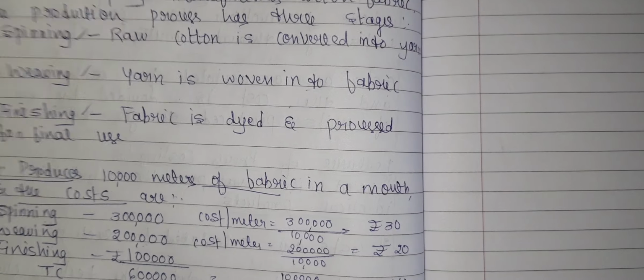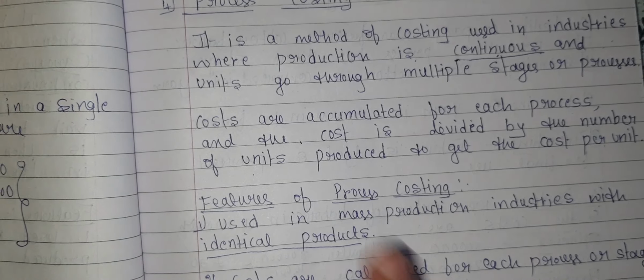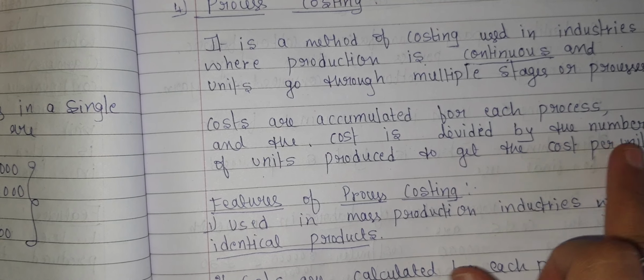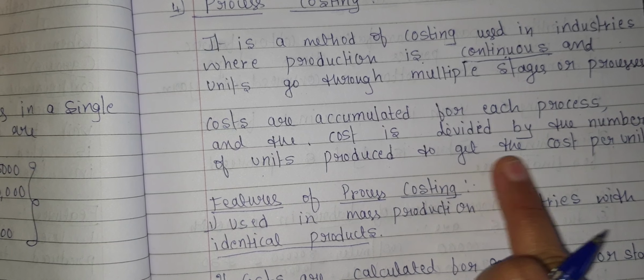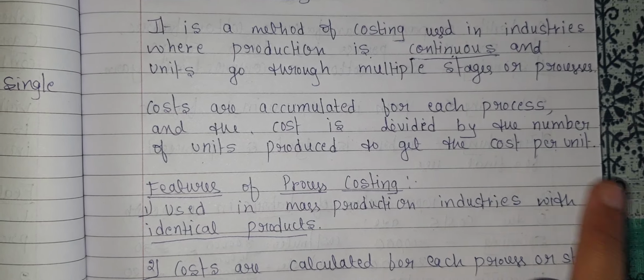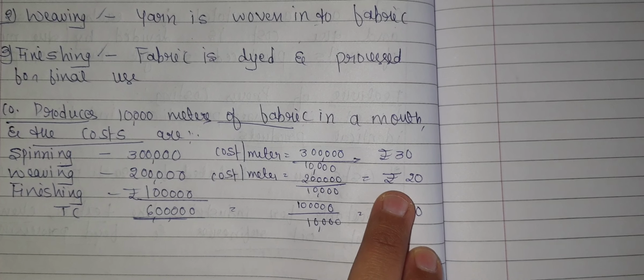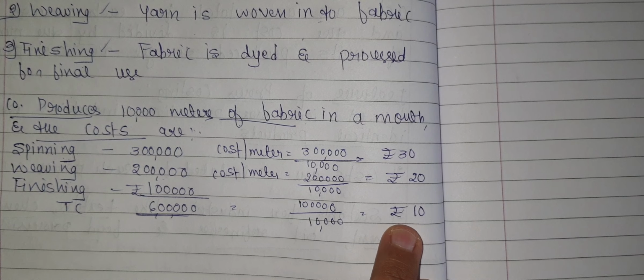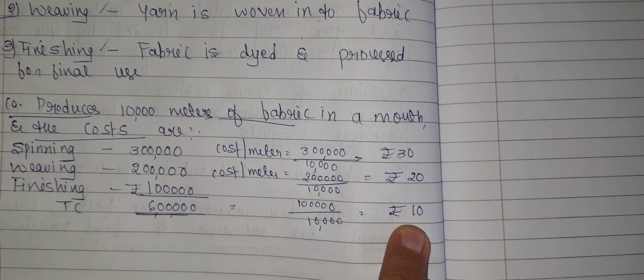How do we get the cost per meter? See here, cost is divided by the number of units produced to get the cost per unit. So the cost per meter of spinning is rupees 30, weaving is rupees 20 and finishing is rupees 10.